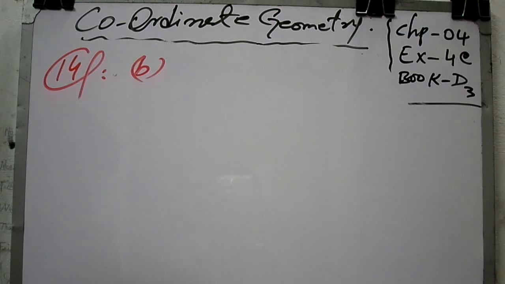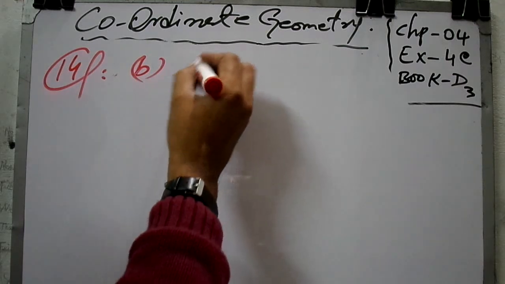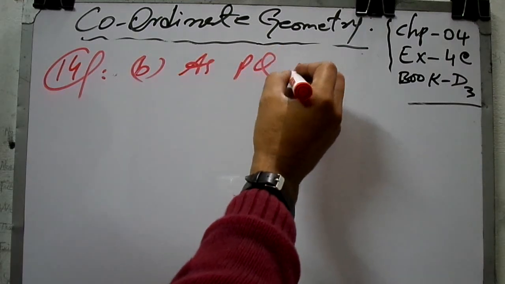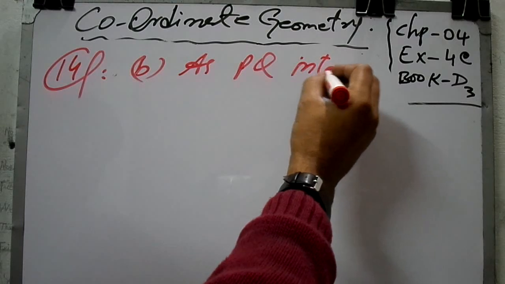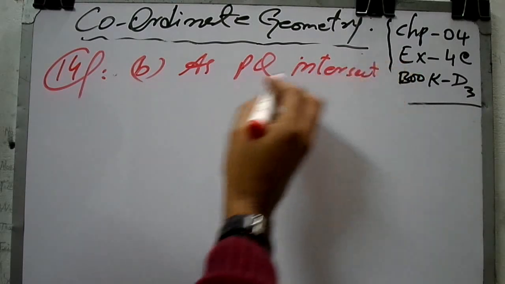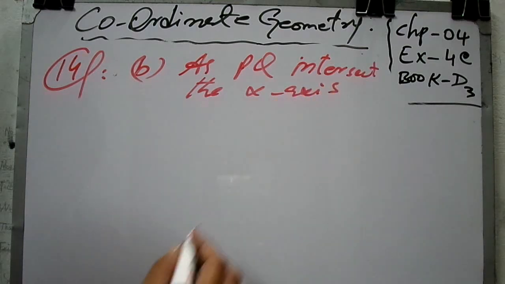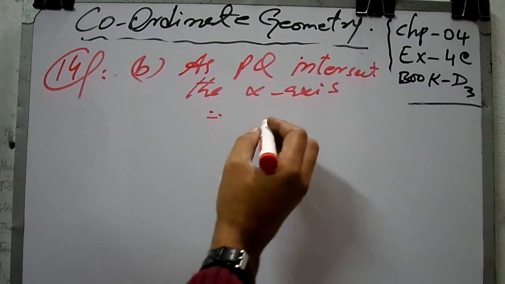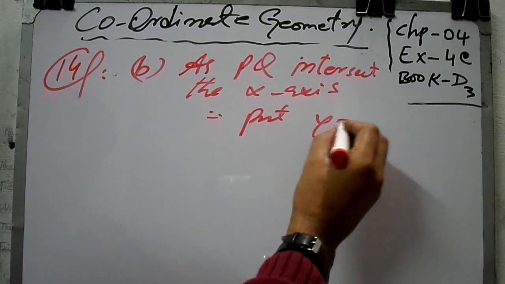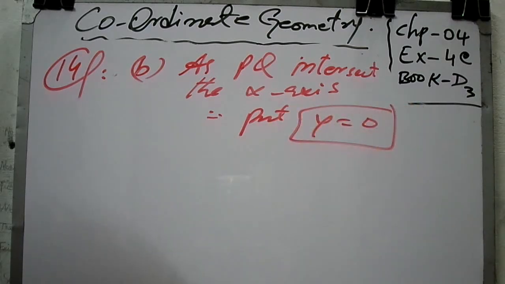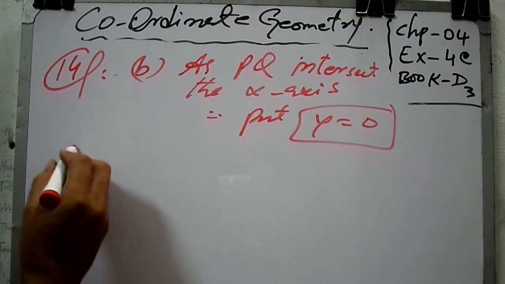Find the coordinates of the point where PQ intersects the x-axis. Okay, as PQ intersects the x-axis, therefore put y is equal to 0 in the above equation.